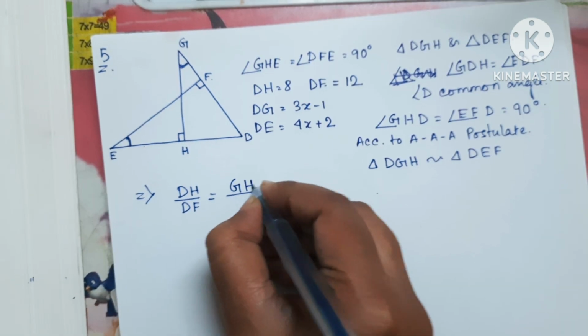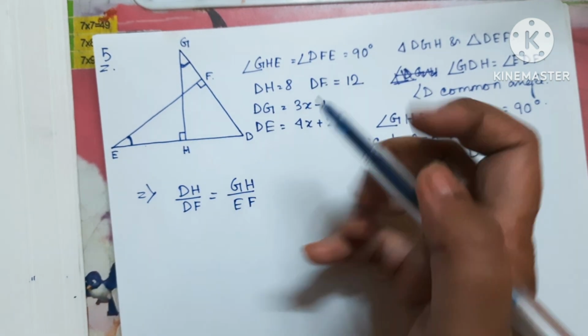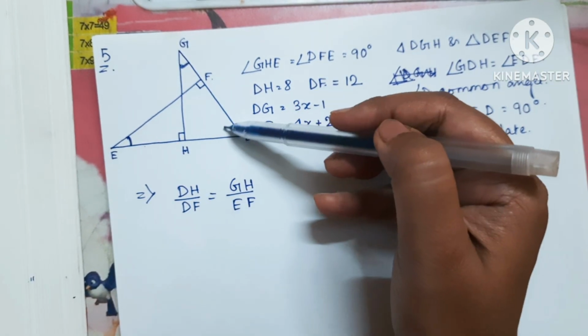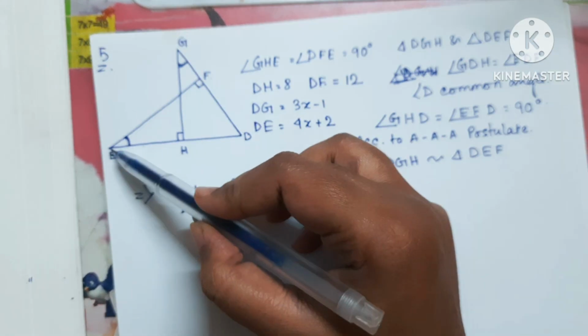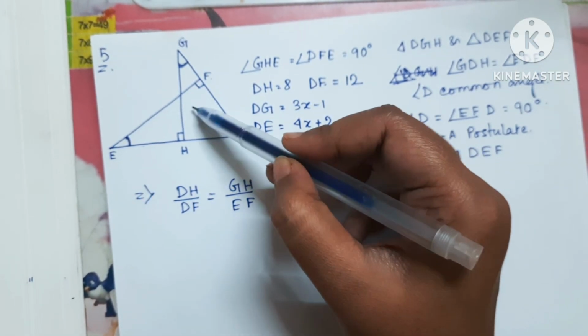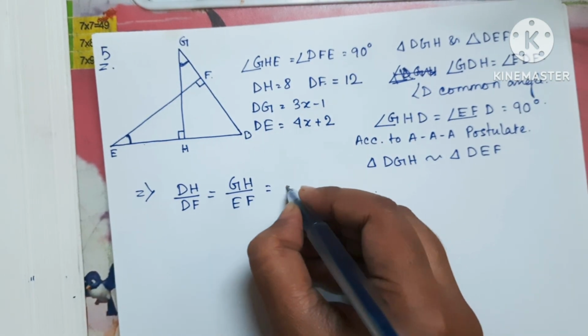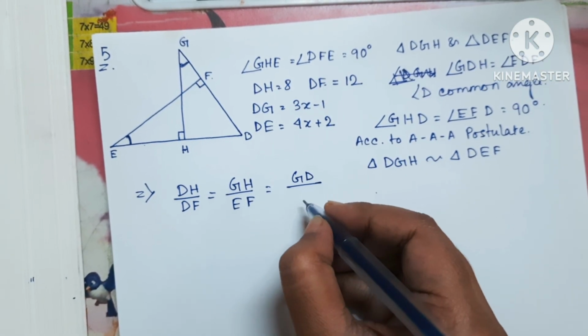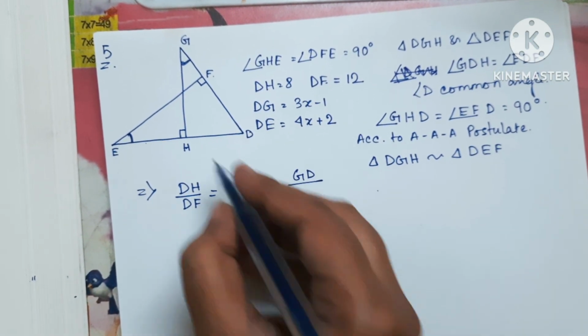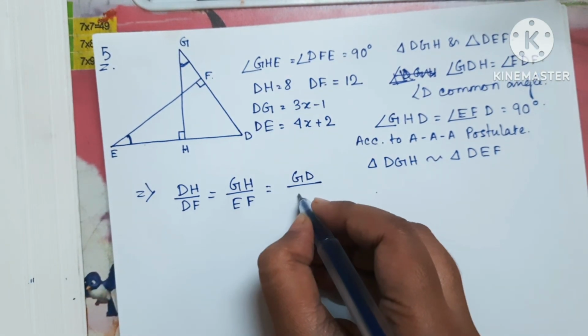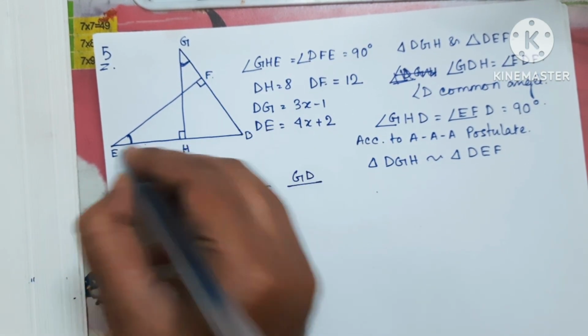GH by EF, GH is opposite to angle D and EF is also opposite to angle D. That is equal to GD, the hypotenuse of this one, by the hypotenuse of the second one, ED.